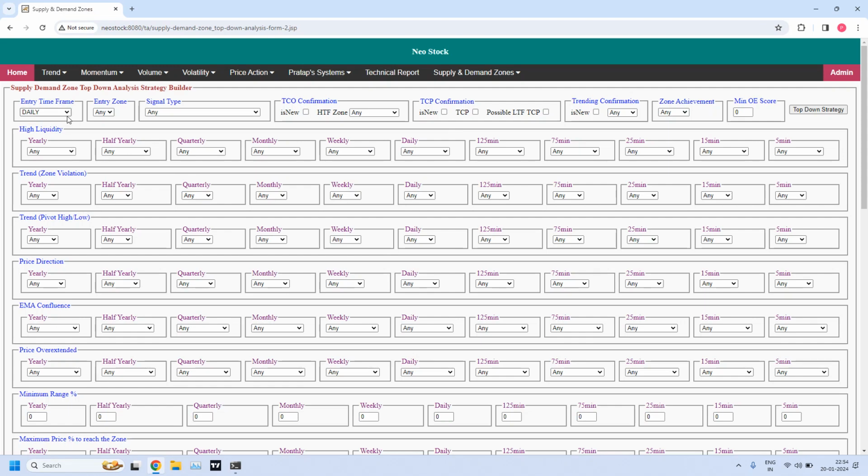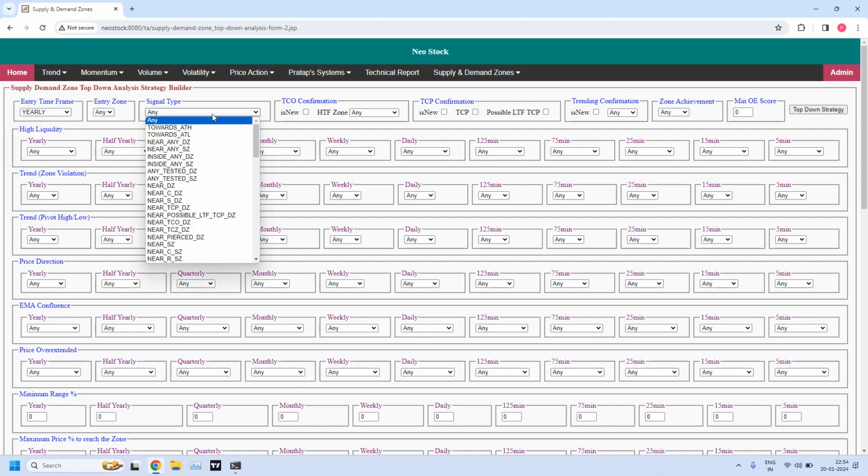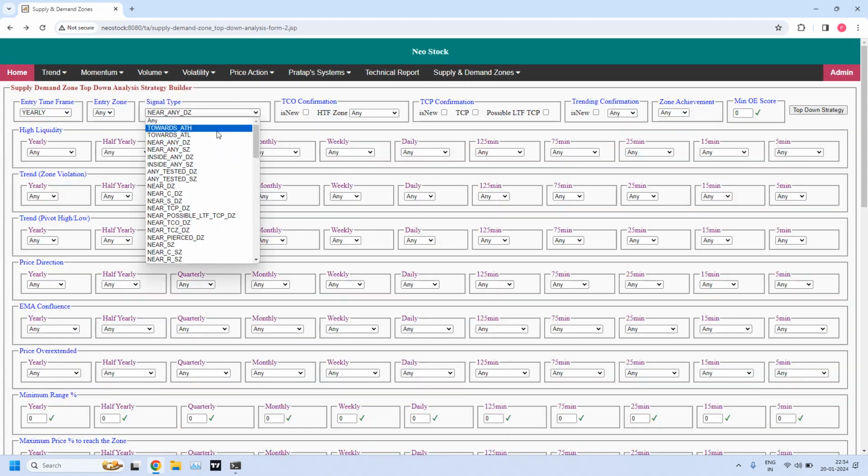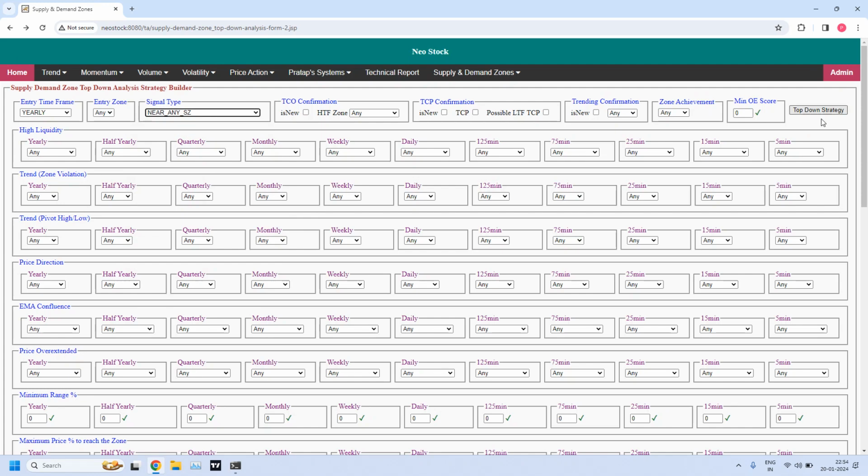So let us generate demand and supply zones for all the time frames starting from yearly. So entry time frame is yearly. Let us find the stocks near yearly demand zone. No stocks are there. Yearly time frame, let us try to find the stocks near yearly supply zone.